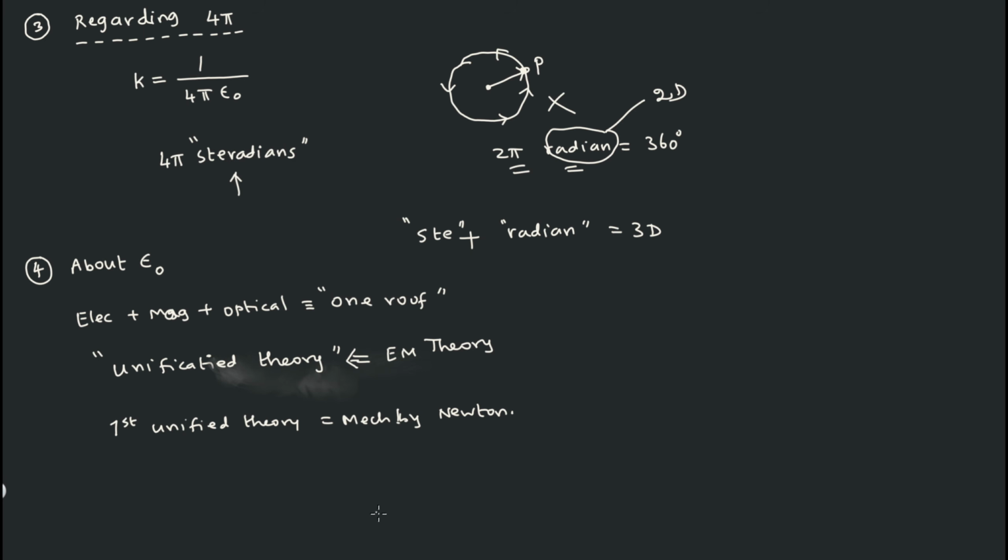Such things have to be unified. Still they are lying separately. People are now searching how to unify all these things together. It is not successful till today. Great scientists are working in this area, and if someone discovers it, that will be called the grand unified theory. So you should know that this is one of the important contributions by Maxwell, that electromagnetic theory is the second unified theory.